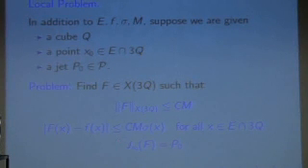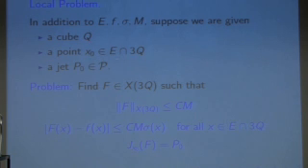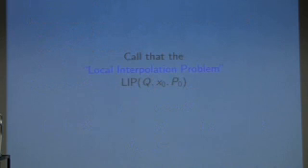So on the one hand, we're only solving the problem locally on a cube Q or maybe 3Q, but we're demanding something a little extra, namely at a base point, we are prescribing the Taylor polynomial of our interpolant. So that's a local interpolation problem. Okay, so let's give that a name.